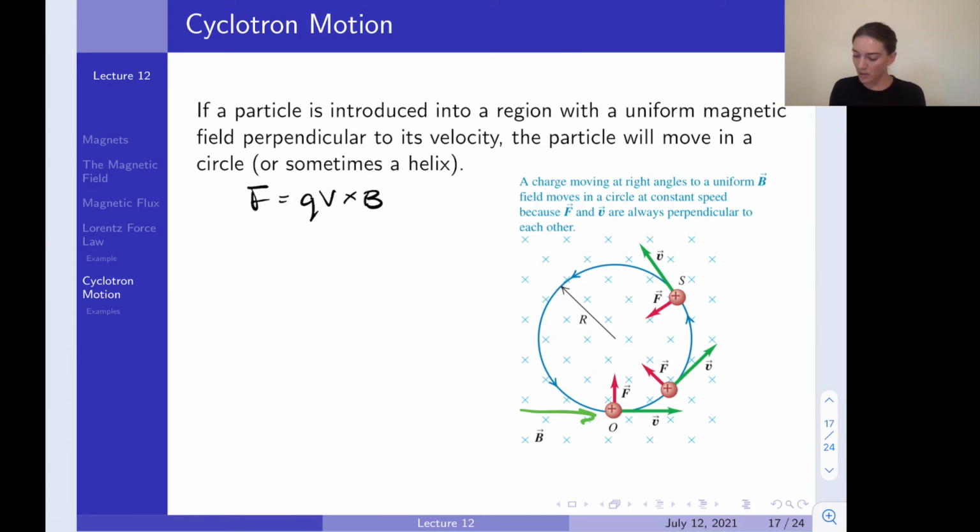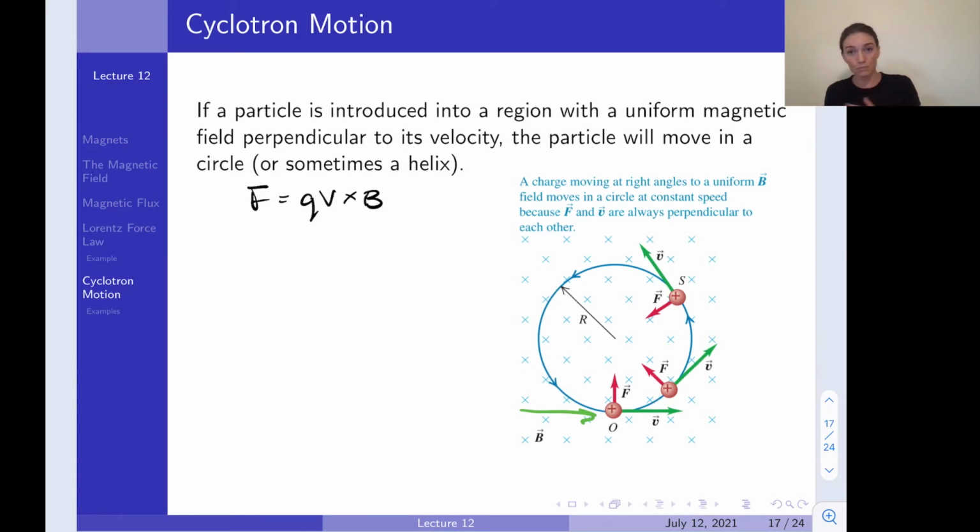The velocity comes in going to the right, so we point our hand in the direction of the velocity, then point our fingers in the direction of the magnetic field, which is into the page, and our thumb points in the direction of the force. You'll see your force is now going up. So as it comes into this magnetic field, our positive charge feels an upward force.